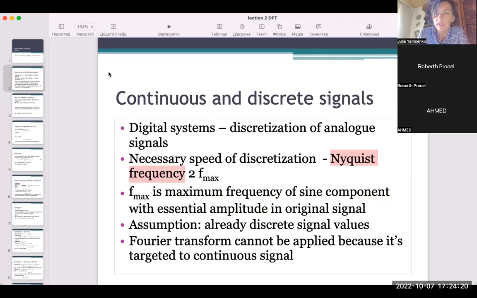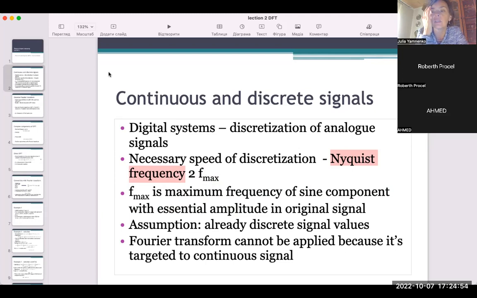Okay, so anyway, we assume that we already have a discrete signal. At this stage it is not so important how we obtained it. From a mathematical point of view, in terms of the discrete Fourier transform, it's just important that we already have a discrete signal to be analyzed.